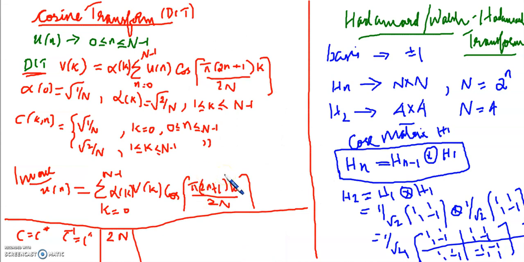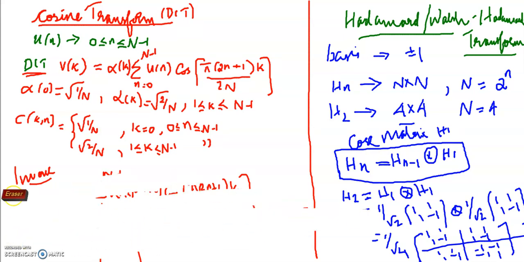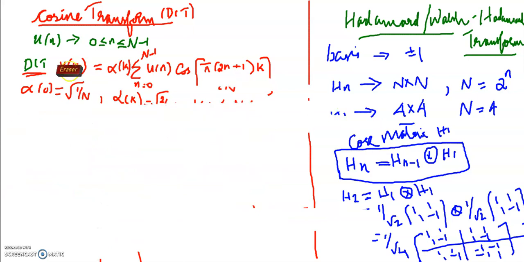So this is how we find out the Hadamard transformation matrix. If we know the Hadamard transformation matrix, we can find out the Hadamard transform of any input sequence.